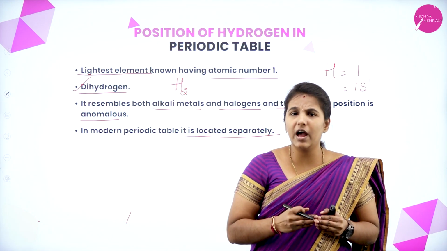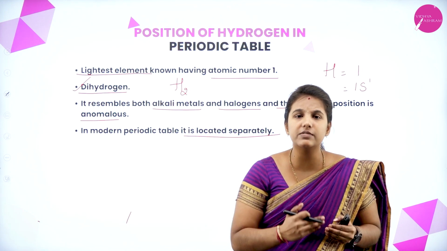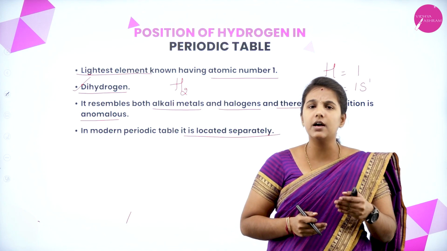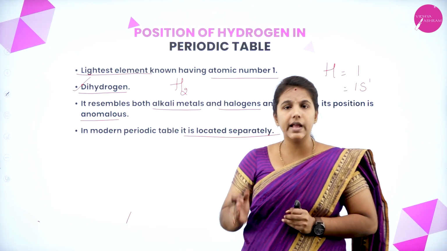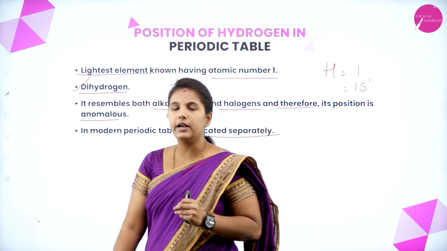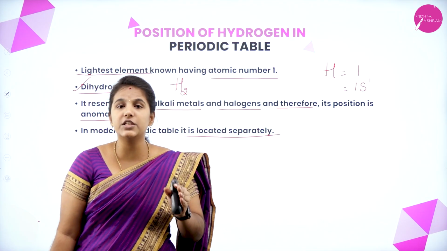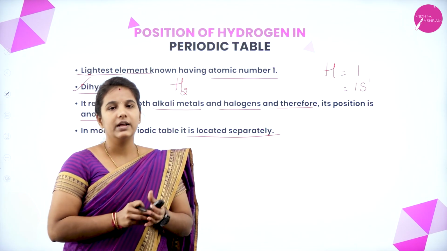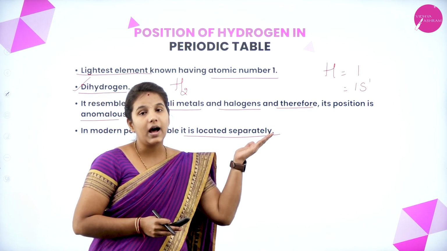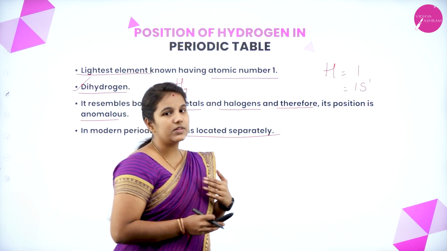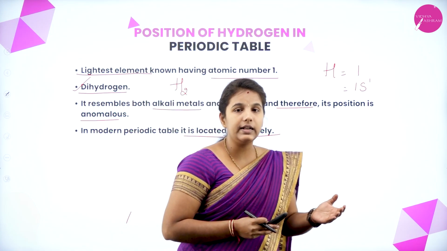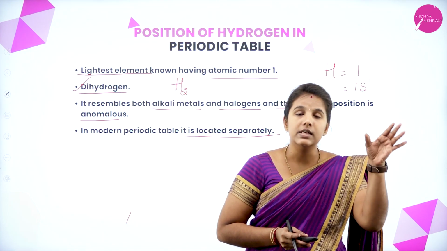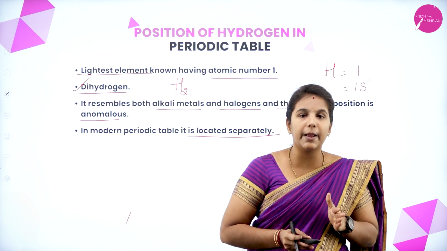We have already discussed the classification of the elements and periodicity in properties. By learning the Mendeleev periodic law, we understood that the position of hydrogen in the periodic table is not so clear because it resembles both alkali metals as well as halogens. Later, Henry Moseley kept hydrogen separately in the periodic table.